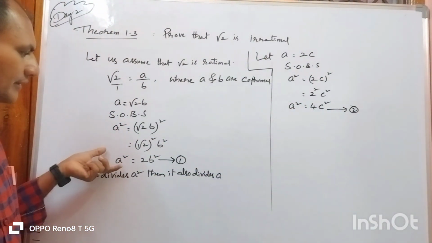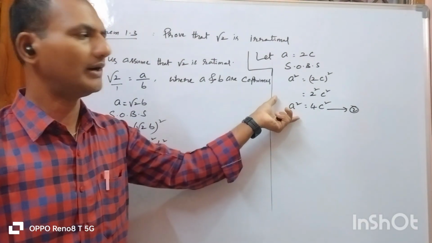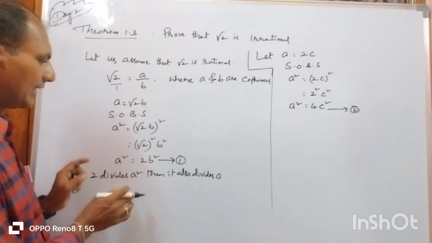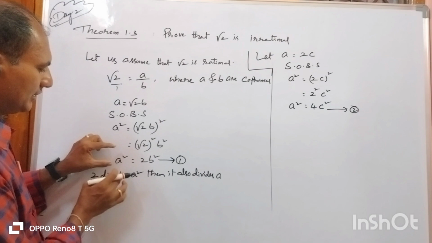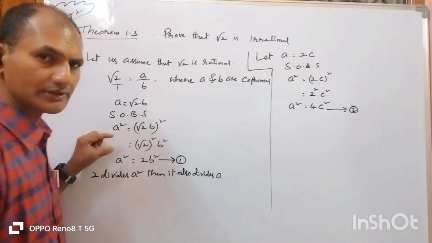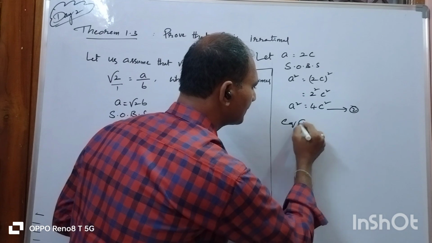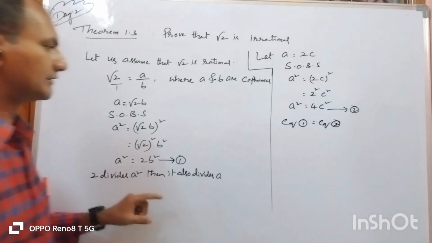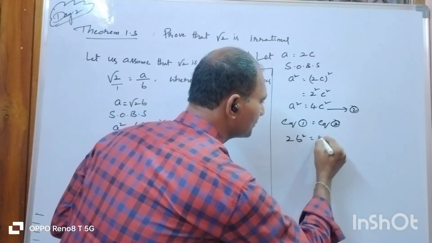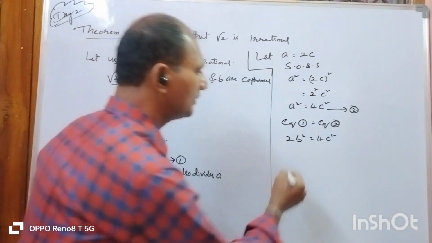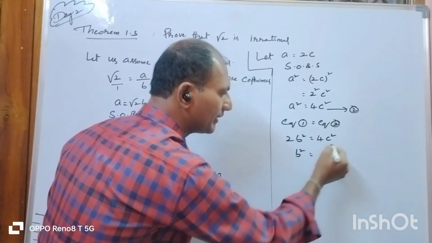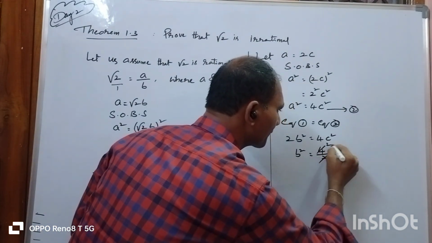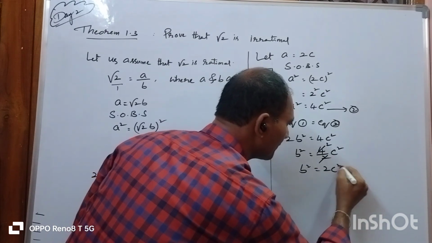Simply I don't substitute anything, I just equate equation 1 to equation 2, since LHS is a square in both. So 2b square equals 4c square. 2 is multiplying, on the RHS side it is divided, so 4 by 2 c square. So b square equals 2c square.